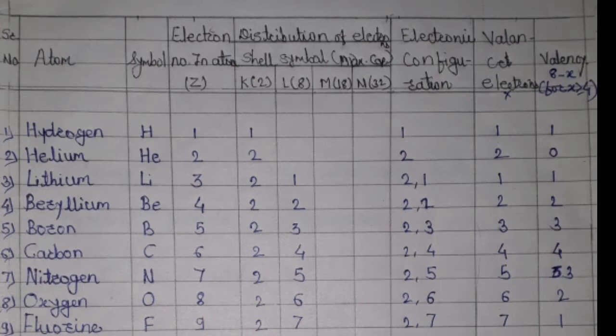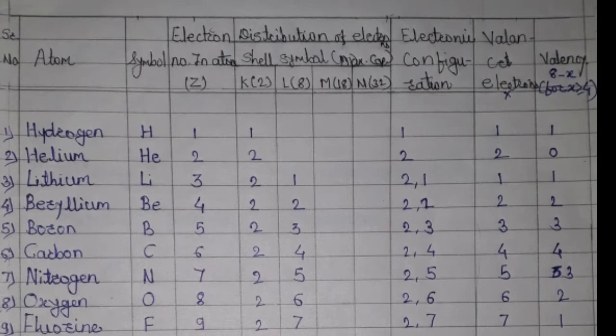Now lithium: valence electrons are 1, so its valency is 1. After that, beryllium: valence electrons are 2, so valency is 2. Now carbon: valence electrons are 4, and hence valency is 4.